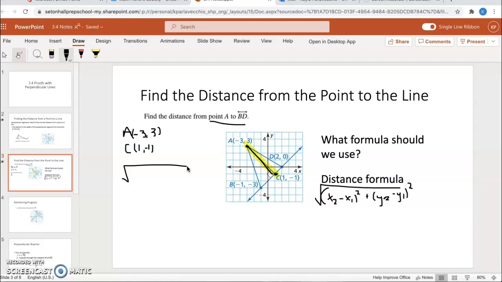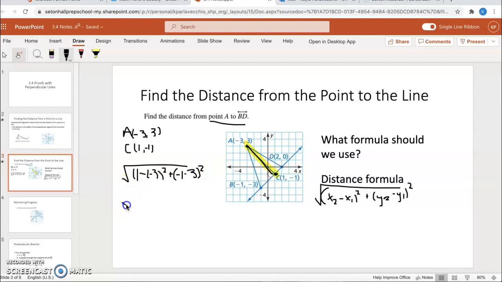I do not want decimals. My x2 would be 1, and my x1 would be -3, or minus -3, squared, plus my y2 is -1 minus my y1, which is 3, squared.